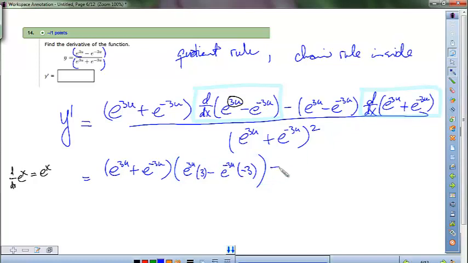And then minus, now this one remains the same, e to the 3u minus e to the negative 3u. Now we want to take the derivative of this.